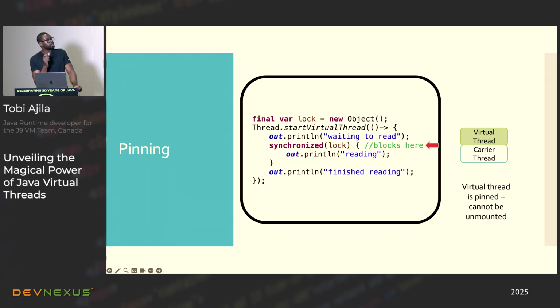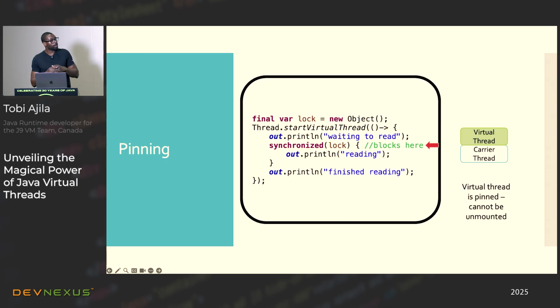So what happens here is that as soon as you get to this point, the virtual thread is pinned to the carrier thread, meaning that the virtual thread cannot be unmounted. And so when the virtual thread waits, that means that carrier thread, the underlying OS thread, is also waiting.